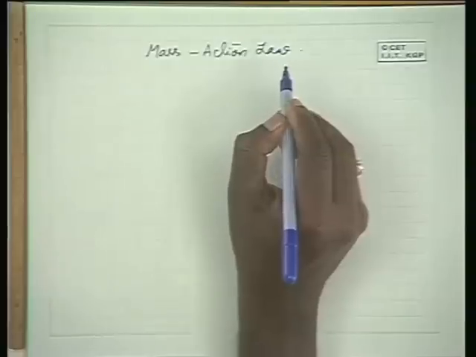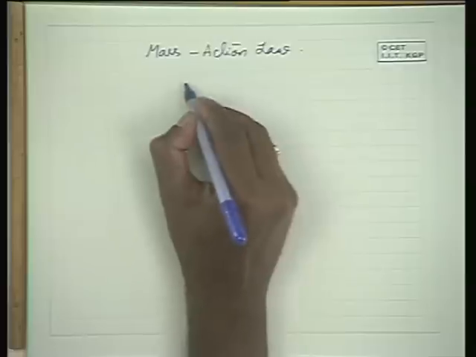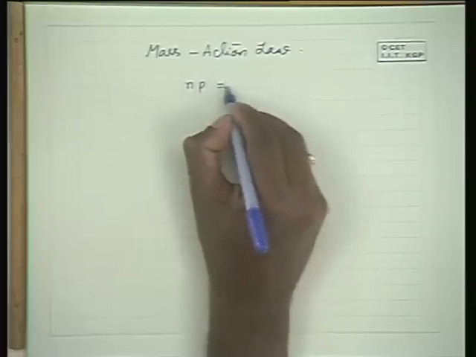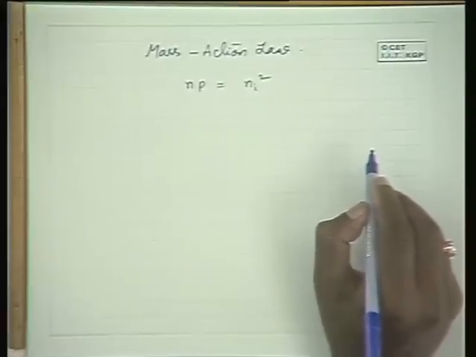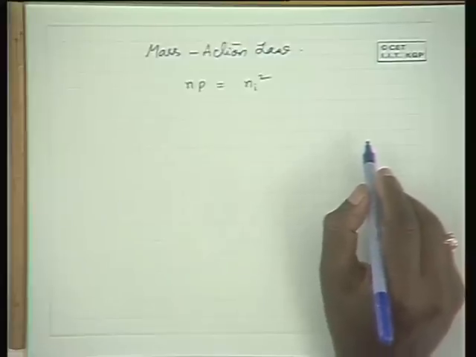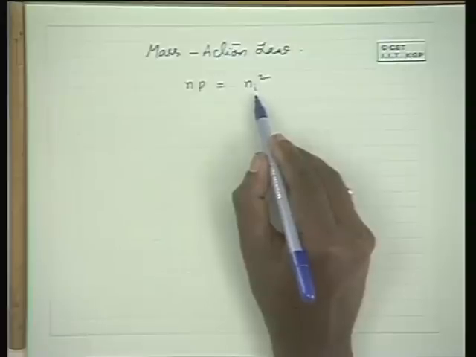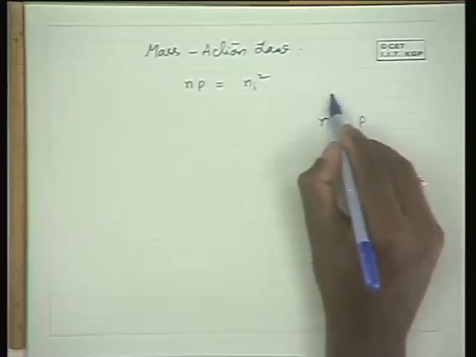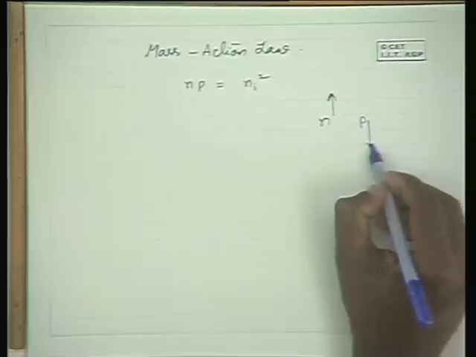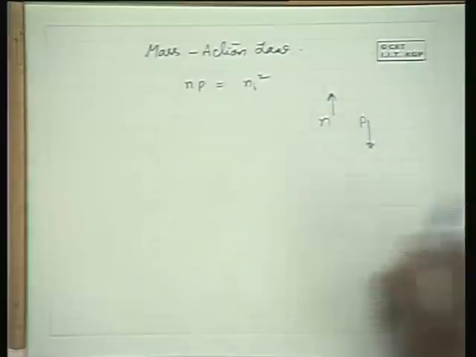According to this mass action law, the electron concentration into hole concentration is equal to Ni square, the free electron-hole pair concentration that is formed due to thermal energy. If you are increasing N, the P will decrease geometrically so that the product is equivalent to Ni square.